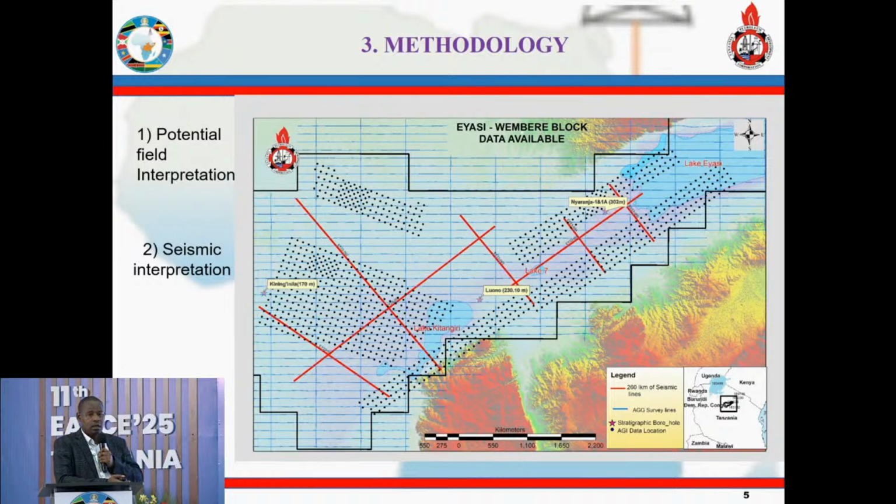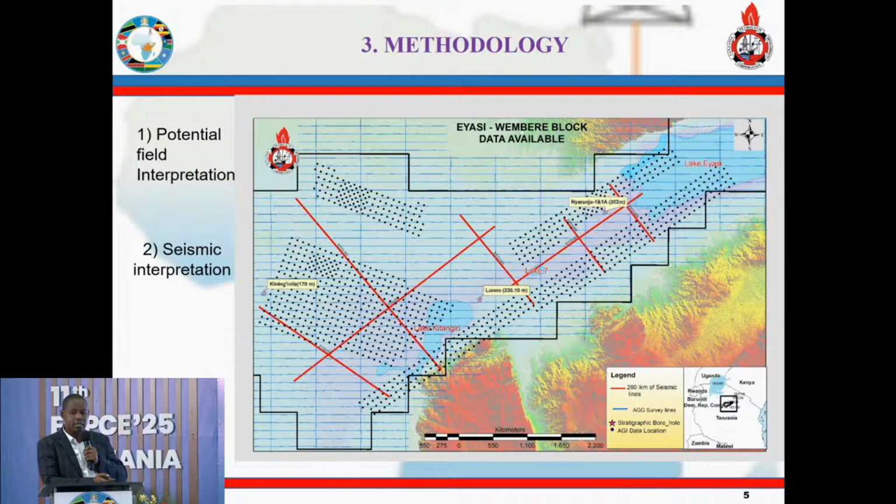And it decided to sponsor it 100% using our own funds to make sure that we go ahead with exploration. Therefore, we decided to put in some pilot lines, like 260 line kilometers of lines.